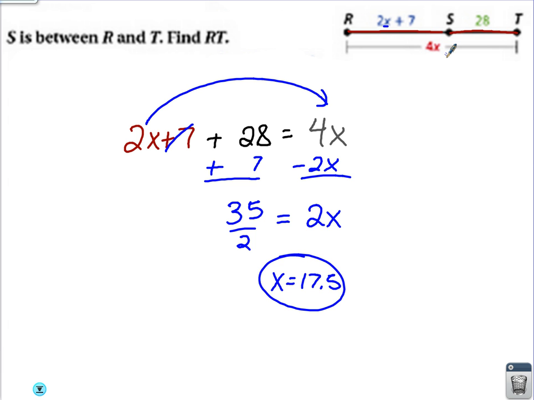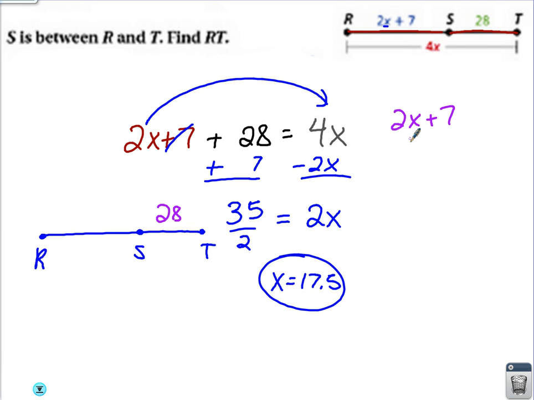So let's redraw that up there. So you have RT with S in between, so RST. This was 28. Let's go ahead and put it there. 2x plus 7. Like I said, 2x plus 7 is no longer 2x plus 7. What I want you to start doing, take these x's and plug them in.